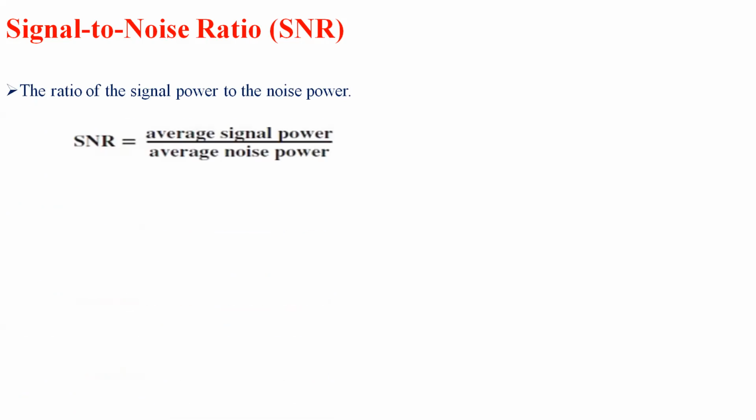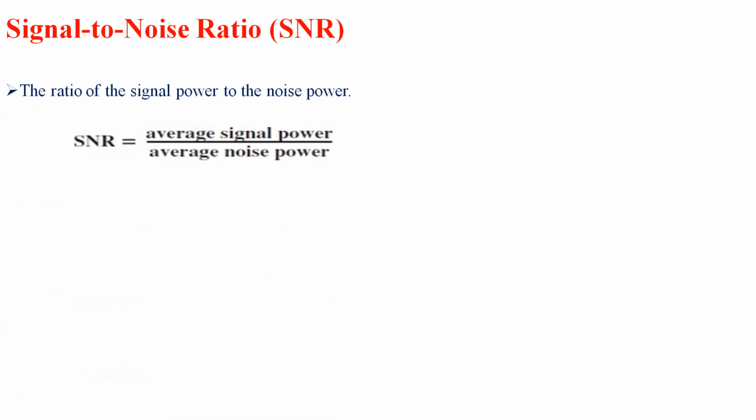Next is the signal to noise ratio, also called the SNR. Let's see what we mean by SNR. It is the ratio of signal power to noise power, which is used to find the theoretical bit rate.